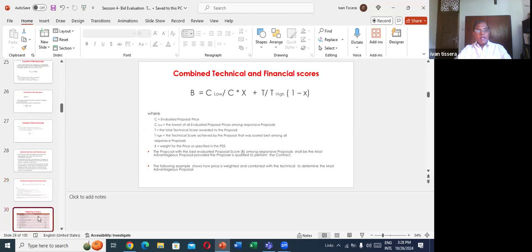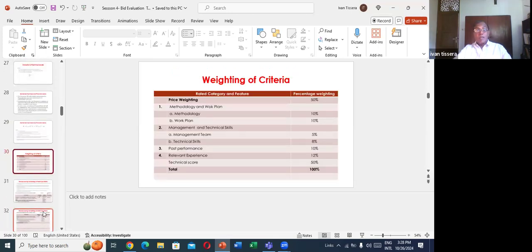That we have given in the schedule. Say for price weighting, they have given 50%. Then they have decided that; you can give 60% or 40%, that depends on the proposal. All other criteria: methodology and work plan, they have allocated 20 marks.